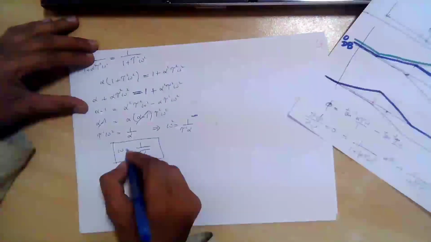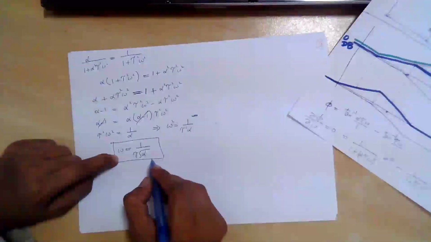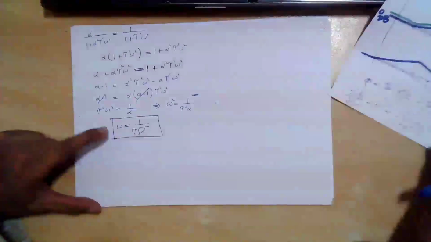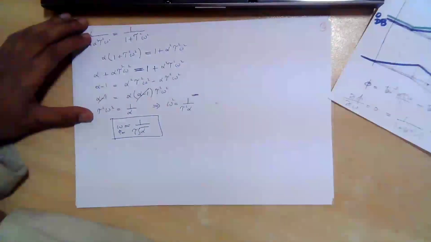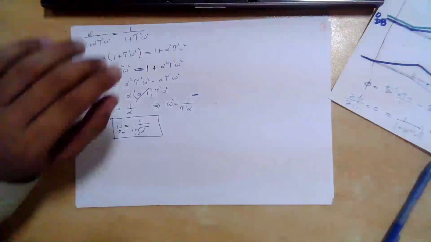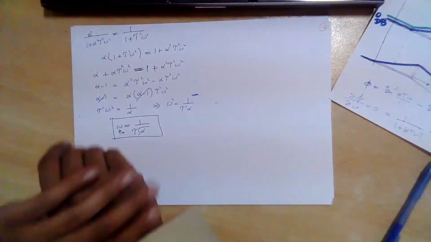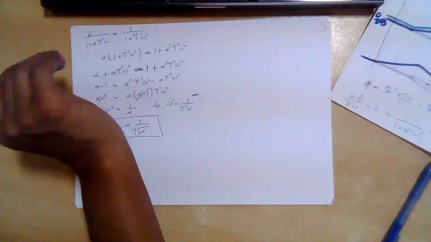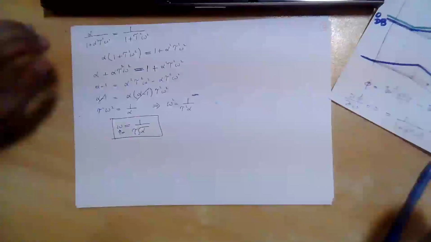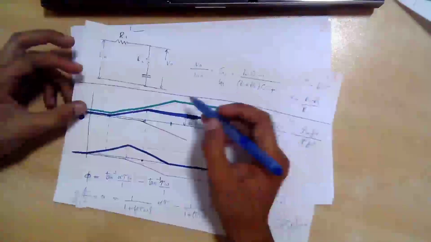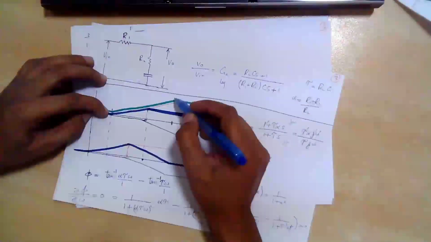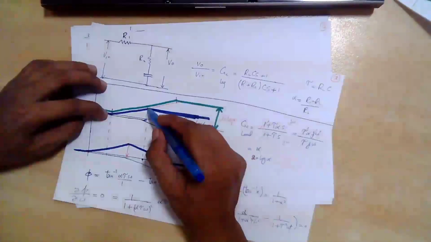So this is the frequency corresponding to the maximum phase. So this is omega phi m, right? And you can calculate this frequency by differentiation, and another way to calculate this frequency is using the visual symmetry of the lines.